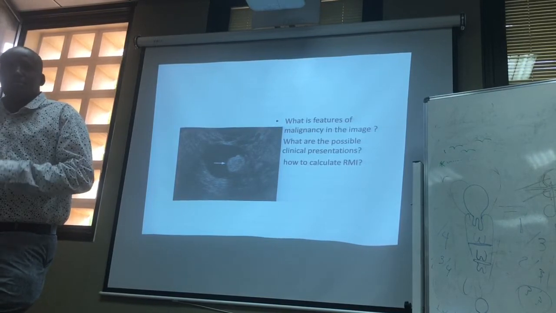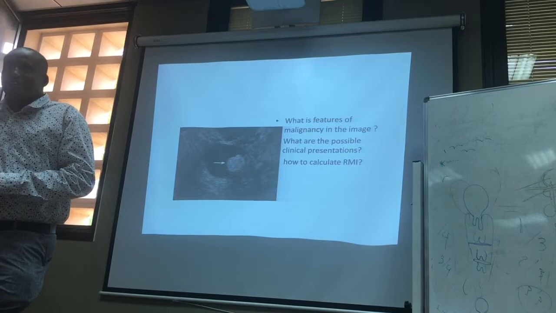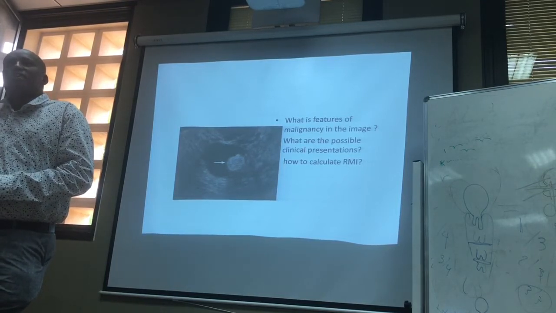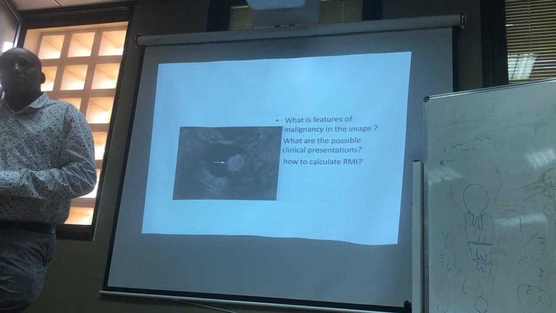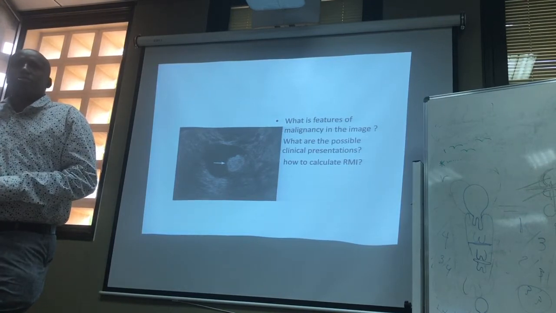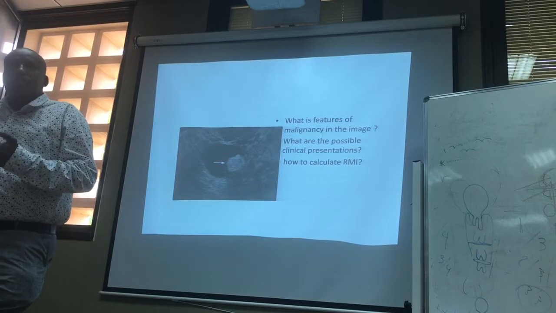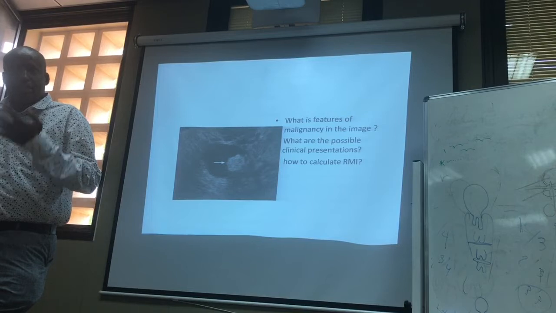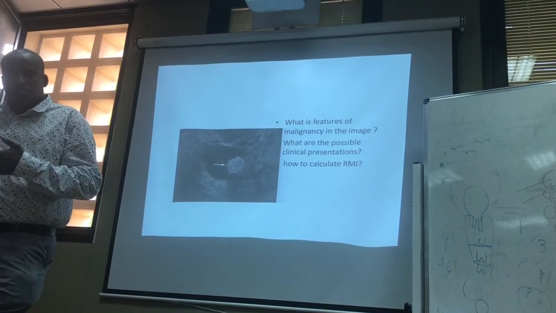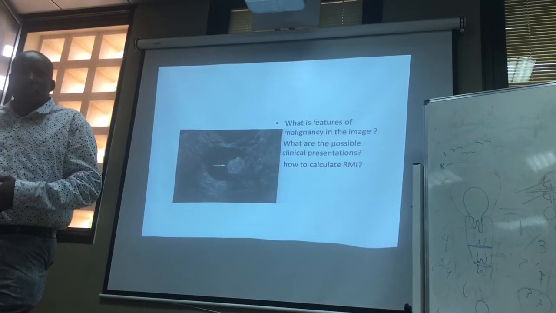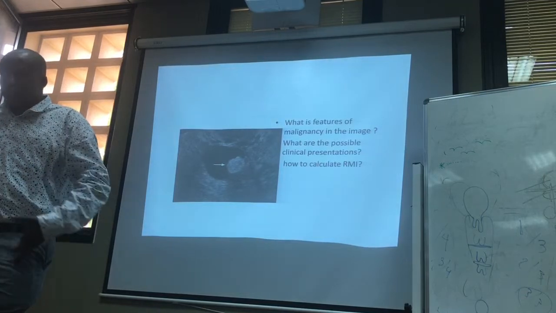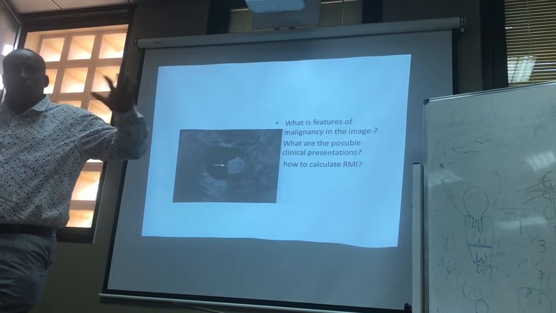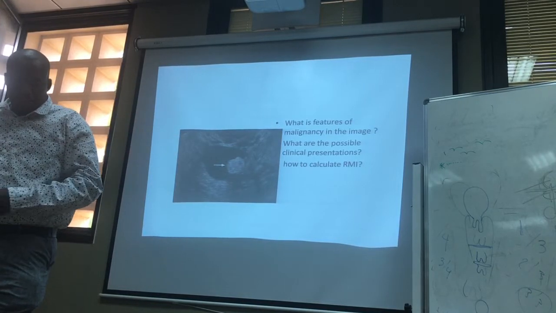I gave it in the lecture. Clinical presentation: mass, a late presentation. Pelvic pressure. The majority are asymptomatic, usually discovered by accident. Later on they come with a mass, pain, pressure symptoms such as frequency of urination or constipation. Loss of appetite, nausea and vomiting are features of advanced malignancy, a very late presentation.